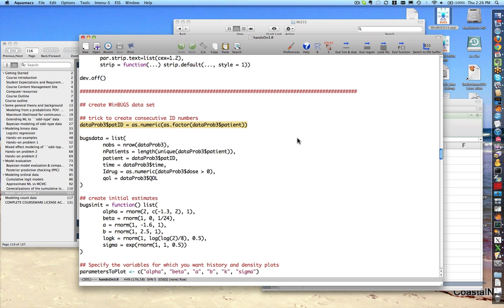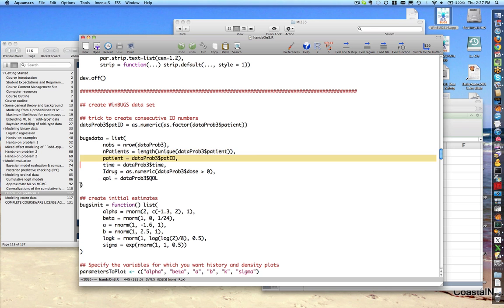Actually, it already was, so this was kind of redundant in this case, but we did it nonetheless. We're going to want to pass things like how many observations. Because we're going to be dealing with a random effect, the model's going to need to know how many patients, because we're going to have to set a loop to create our random effects. So that's taken care of here.